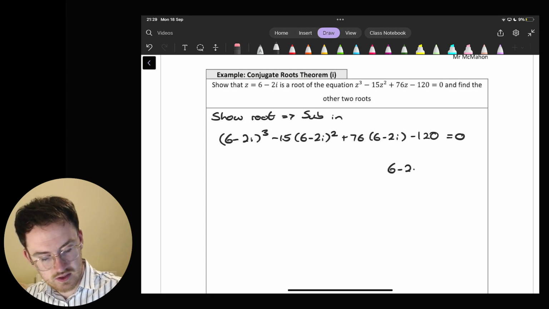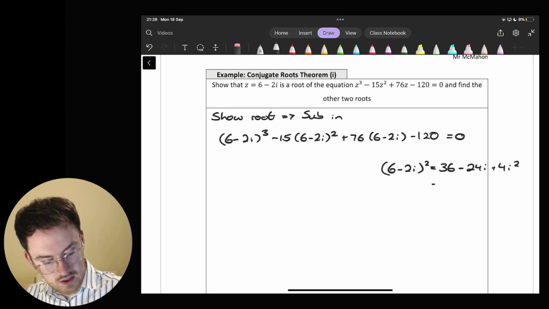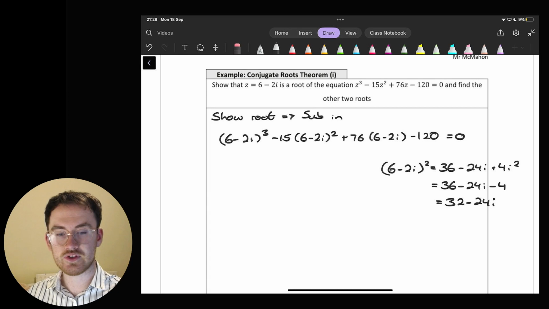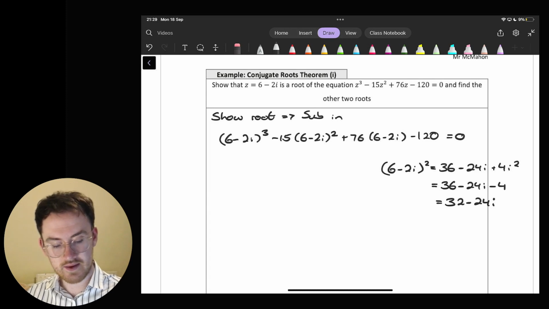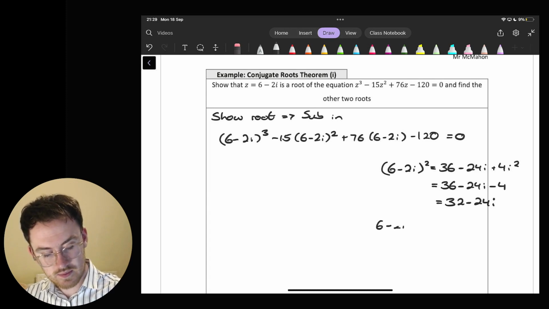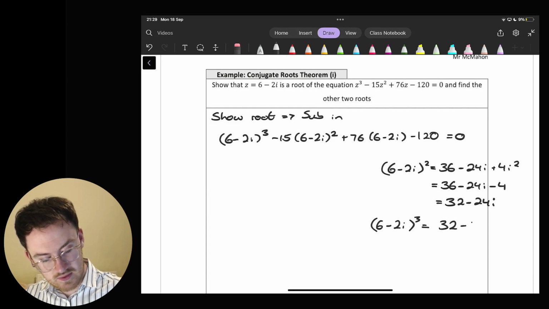So let's have a look over to the side here. 6 minus 2i squared, what will that give me? 36 minus 24i plus 4i squared, which is 36 minus 24i minus 4, which is 32 minus 24i. If we were to do 6 minus 2i cubed, we take our previous answer, 32 minus 24i, and multiply it by 6 minus 2i.